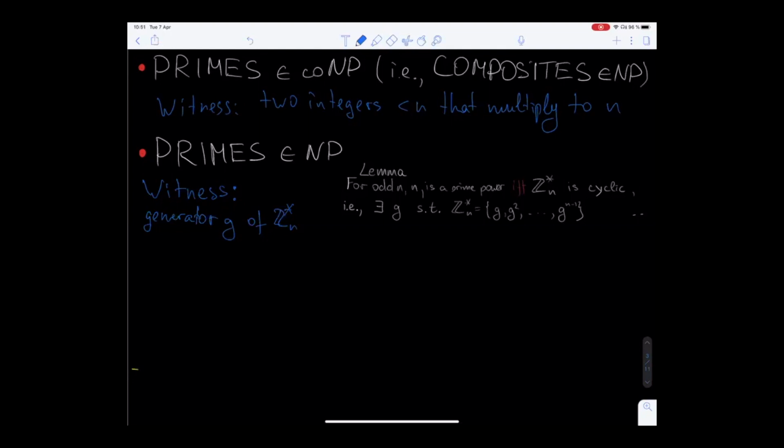And for that, we'll need the factorization. So to check this property, we need a factorization of n minus 1: p1 to the alpha 1, etc., pm to the alpha m.